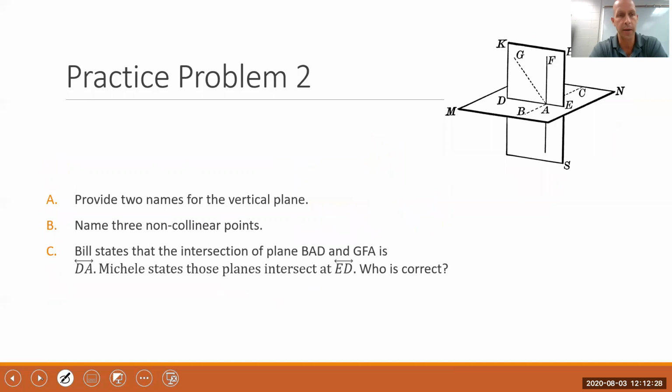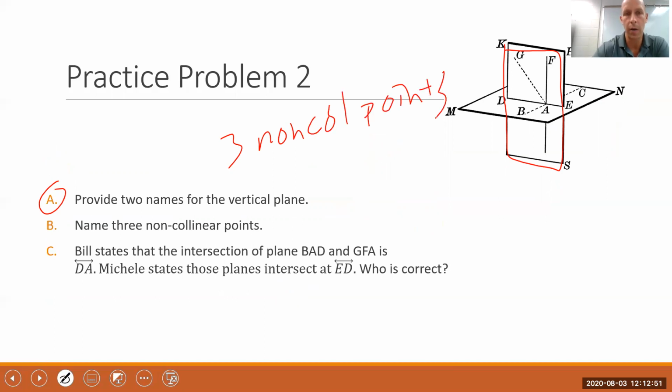Final practice problem, and let's do 2 of these. Question A, provide 2 names for the vertical plane. Okay, so the vertical plane is this one here. So I just need to give 3 non-collinear points.